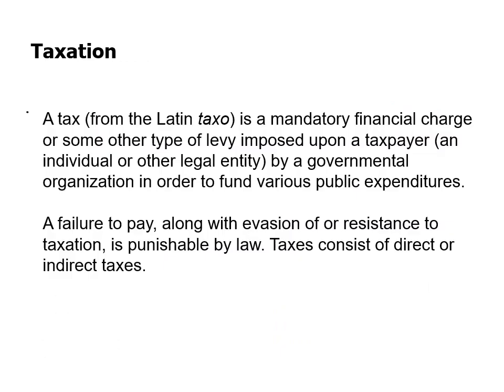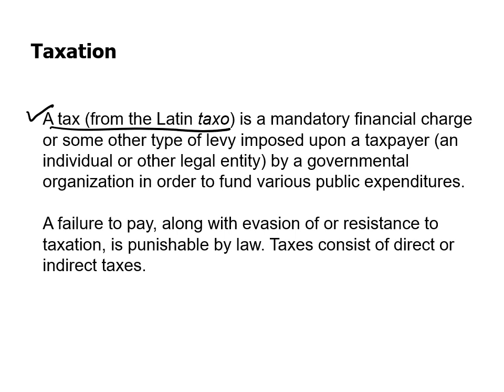So what is a tax? A tax, from the Latin taxo, is a mandatory financial charge or some other type of levy imposed upon a taxpayer, an individual, or other legal entity by a governmental organization in order to fund various public expenditures. So what's happening here is the government is imposing this levy upon this taxpayer, which could be a person, a household, or a corporation, in order to fund public expenditures.